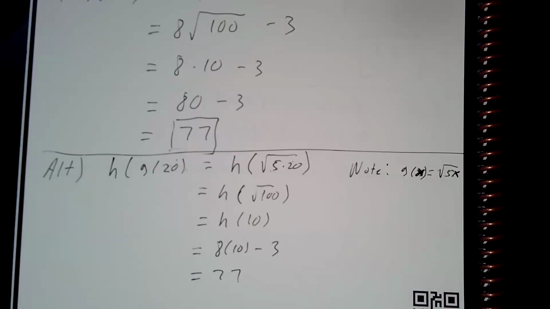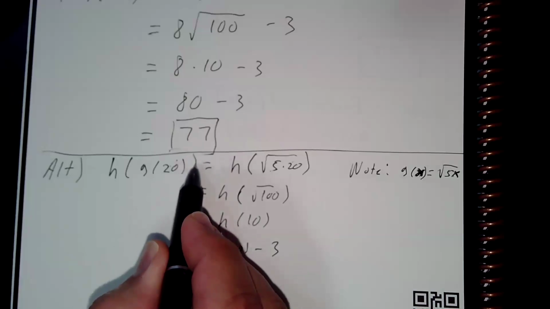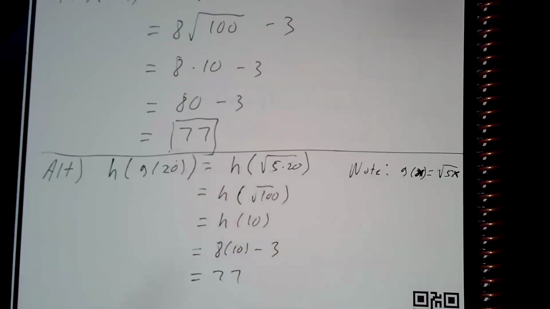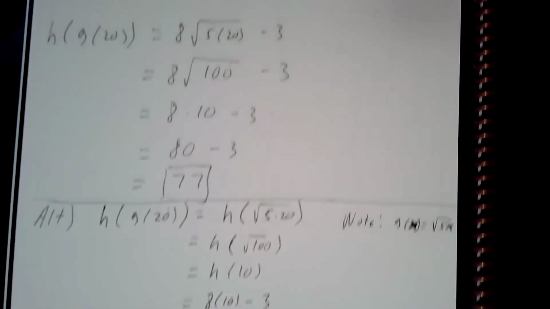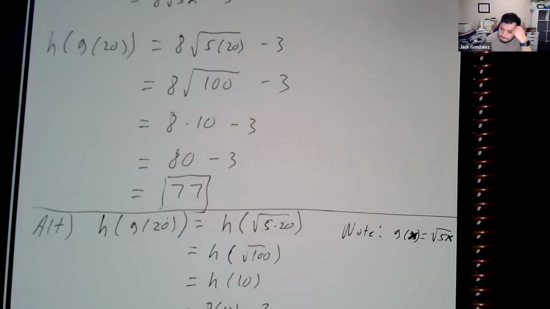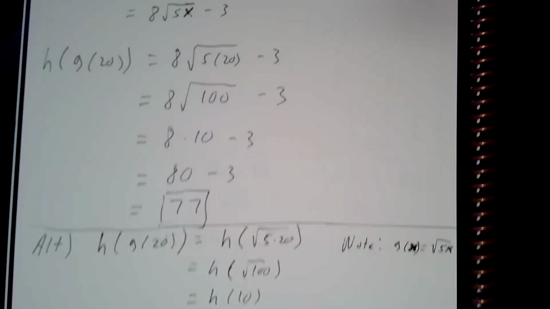You literally just take the center that was given to you, put the 5, the 20 replaces the X, then you get the 100, and then the 10, and then 8 times 10 minus 3, which is part of the formula, and the 77. Yeah, it's the same part here, right? Yeah.